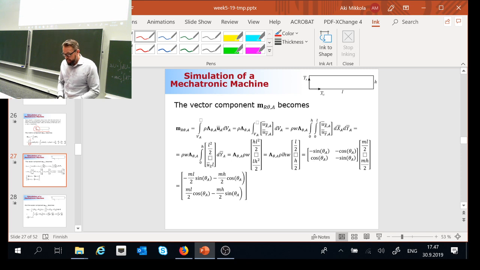Now, this is a little bit of a painful component, because what I need to do is the math. I need to take this vector u bar, and I have to take the rotation matrix that is differentiated with respect to angle theta. And I'm going to integrate with limits 0 to L, 0 to H, and when I do that, this is going to be non-zero.